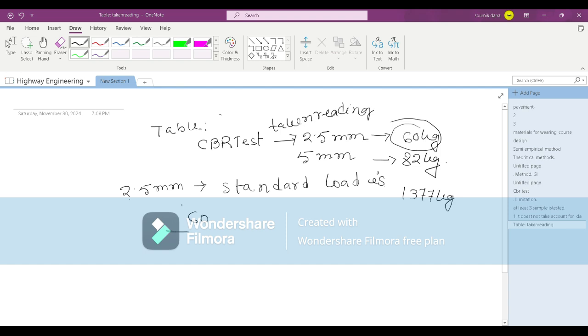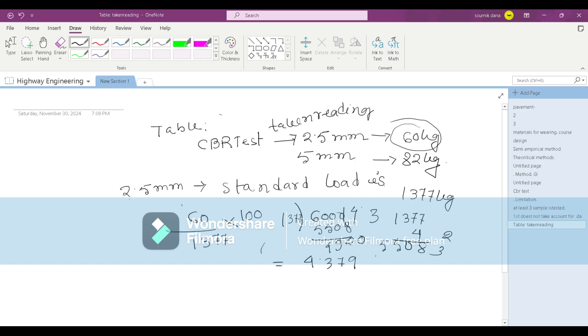So 60 divided by 1377 into 100 is equal to 4.379 percentage, that means 4.38 percentage.